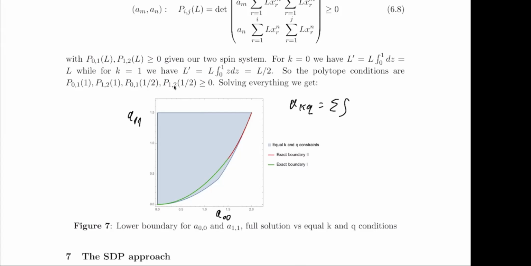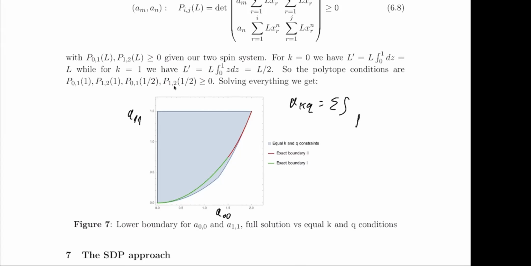Basically, you have different rows, say rho_1(Z), rho_2(Z), and the boundary is given by a step function up to some value M. If you have this for spin 1, this is for spin 2.